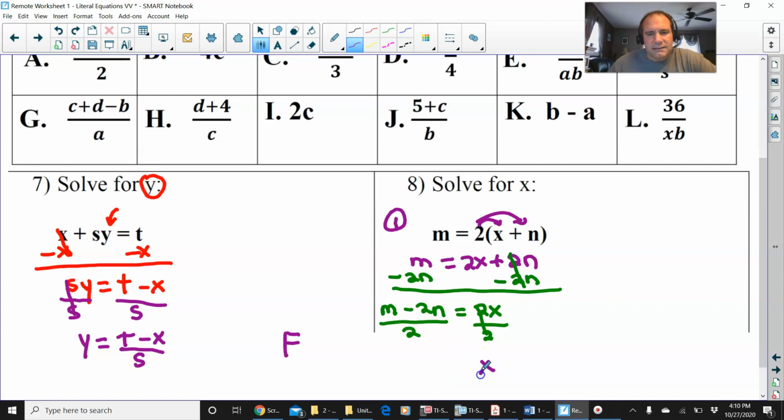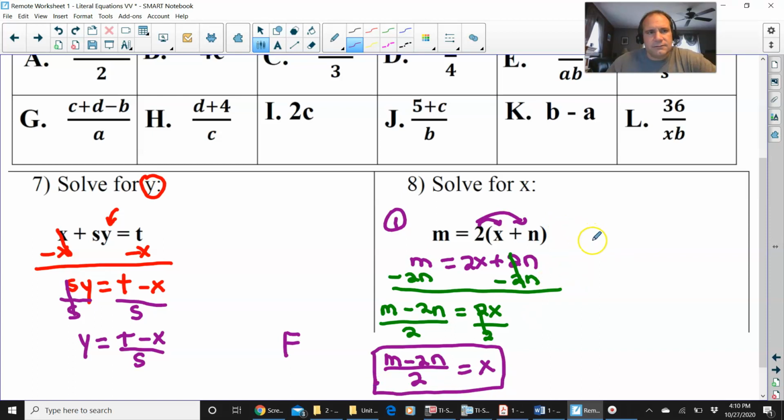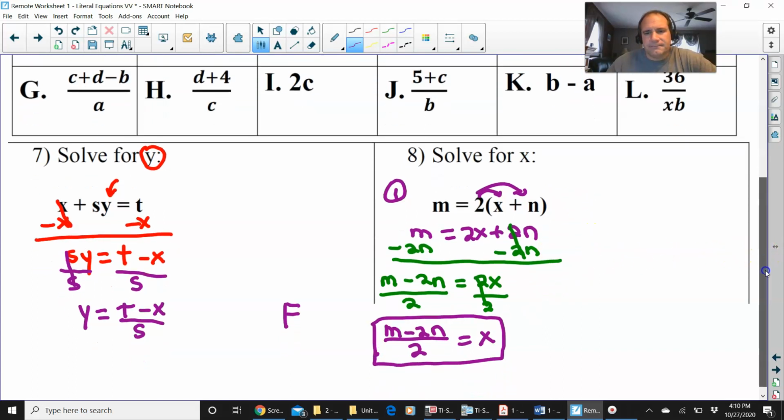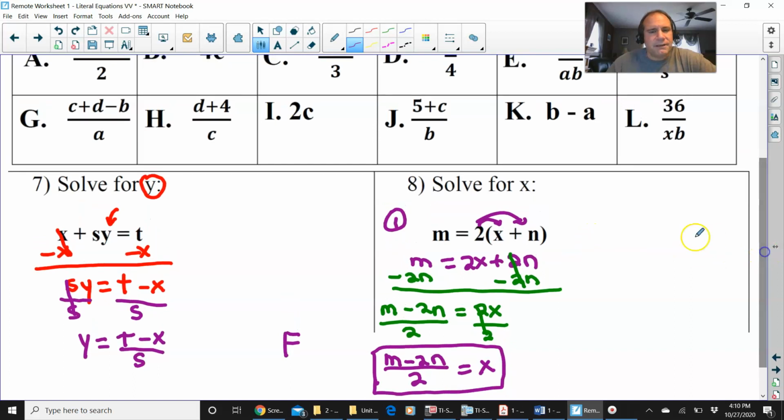And this is X equals M minus 2N over 2. All right, and not go any further with it than that. That is your answer. All right. Originally, I said there were 2 ways to do this, so I am going to show you that second way.